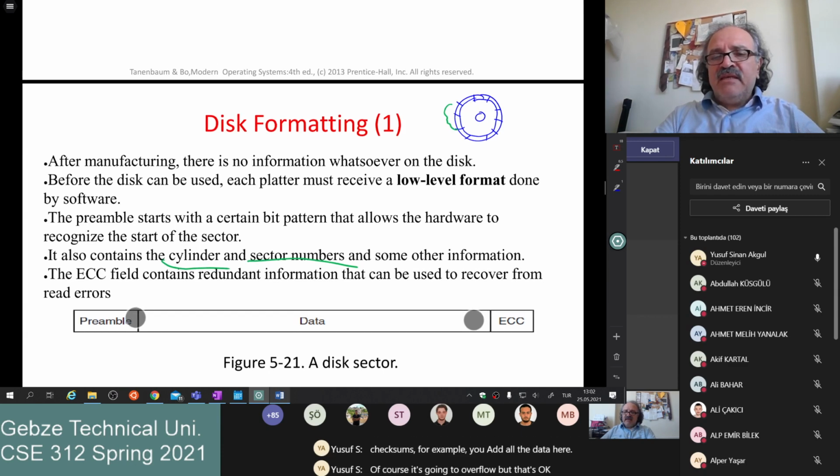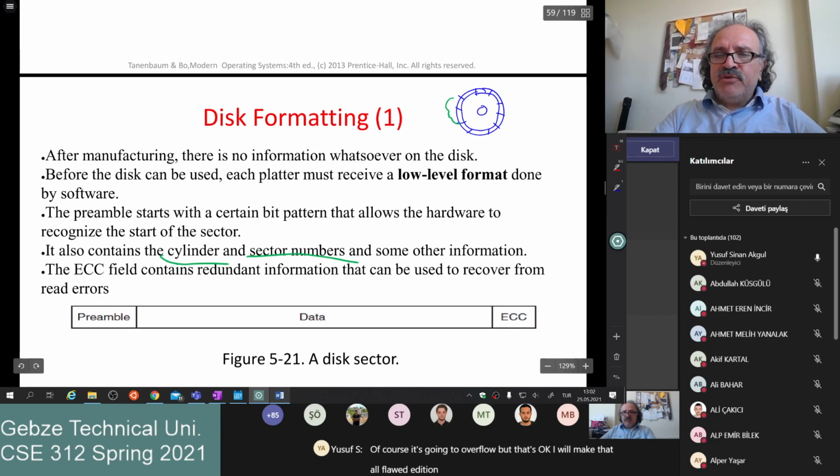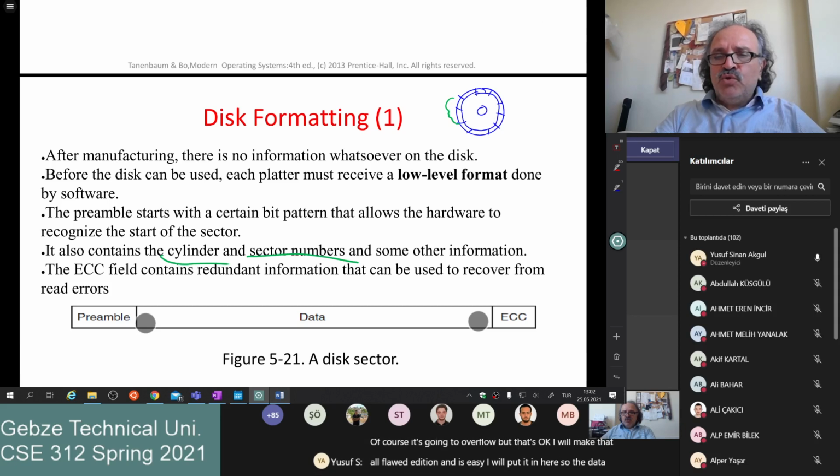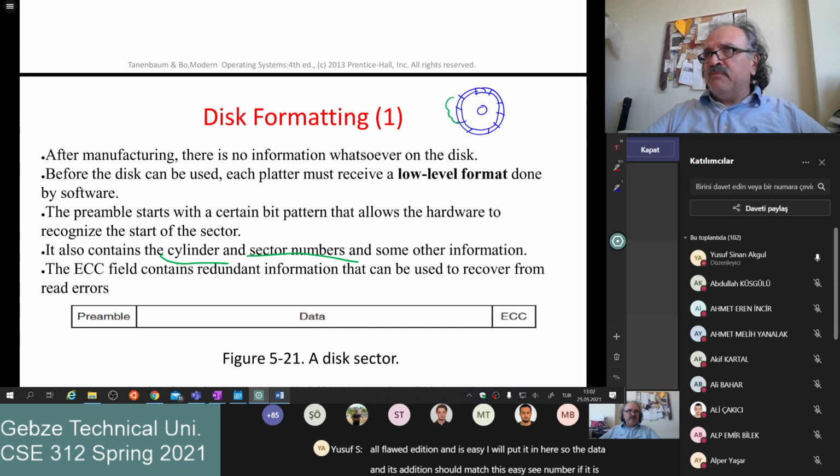I will make that overflowed addition the ECC and put it in here. So the data and its addition should match this ECC number. If it is different, then what does that mean? That means I couldn't store whatever I stored on this sector. Maybe this sector is a bad sector. Maybe I should mark it as bad.